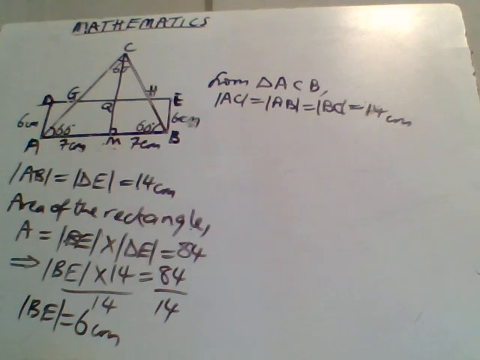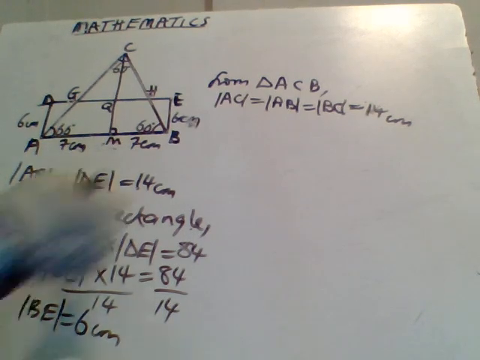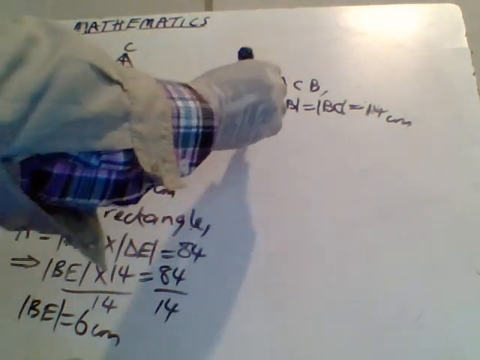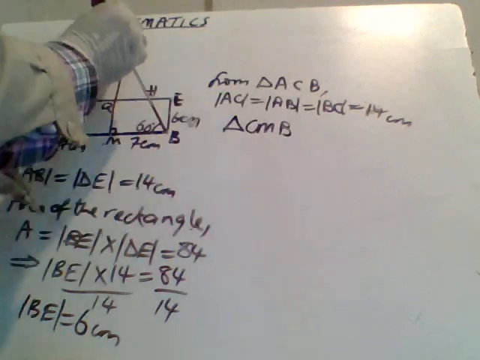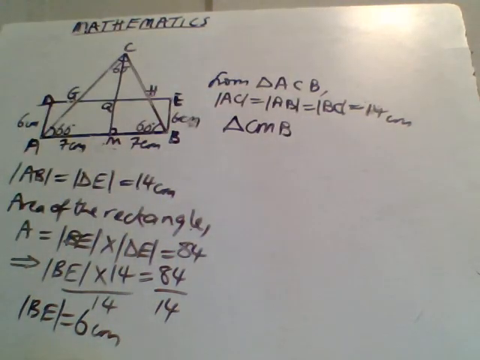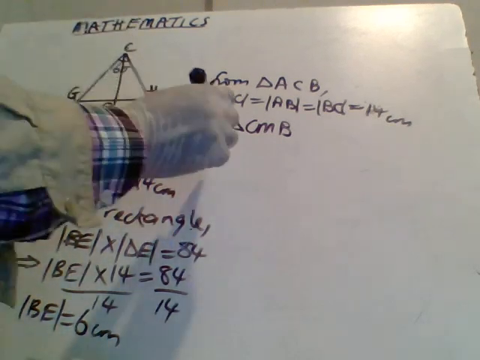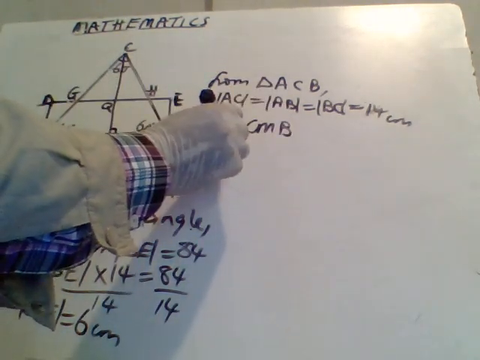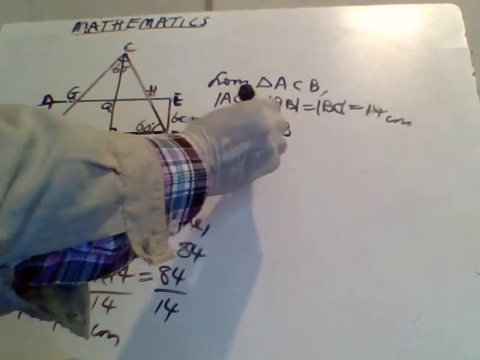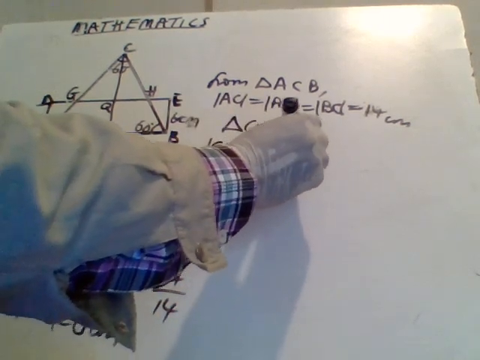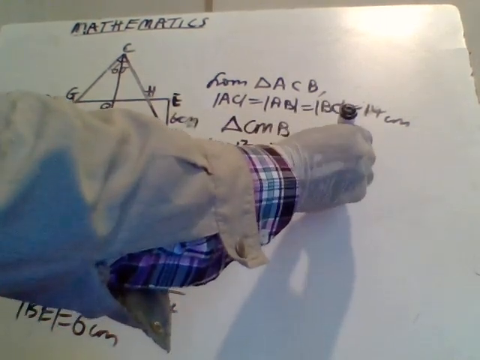Now we have to consider triangle CMB. We use Pythagoras theorem to find the length CM. By Pythagoras theorem, we have that CB squared is equal to BM squared plus CM squared.